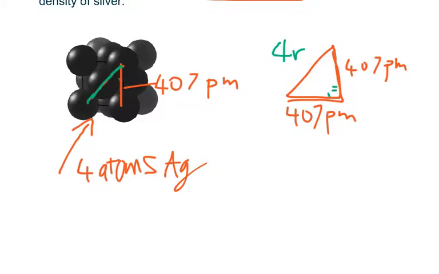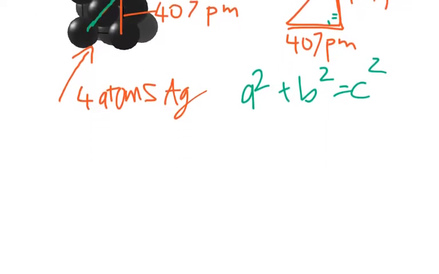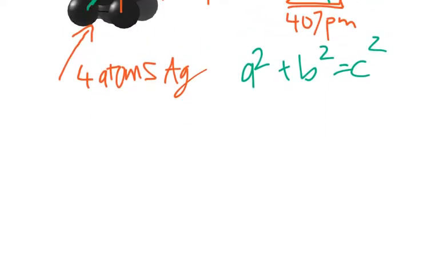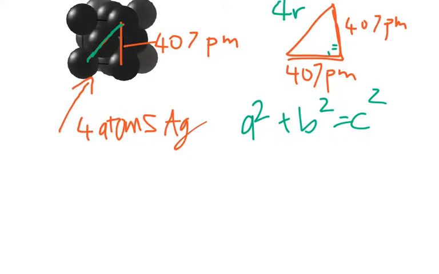So we could use the Pythagorean theorem, which states that a squared plus b squared equals c squared. Now notice how chemistry requires math, so be prepared to do math in chemistry, and also be prepared to do some geometry as well.